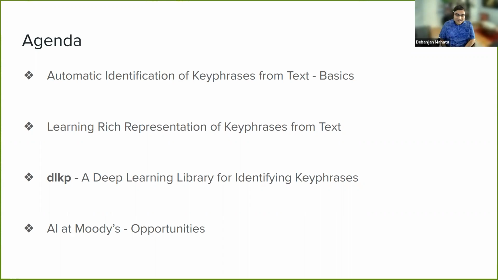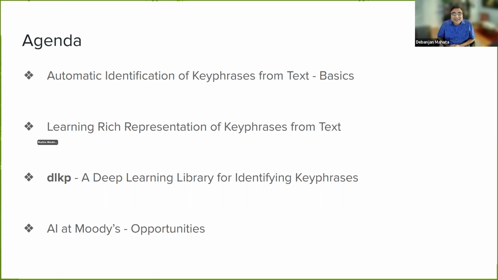that we have done. After that, I would like to cover one of the latest pieces of work that we have done, which I'm really excited about, and this is about training a new language model which really understands rich representations of key phrases from text. And then I'll be talking about a work in progress, which is DLKP, a deep learning library for identifying key phrases.